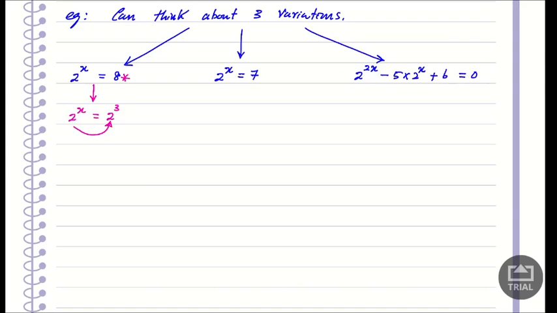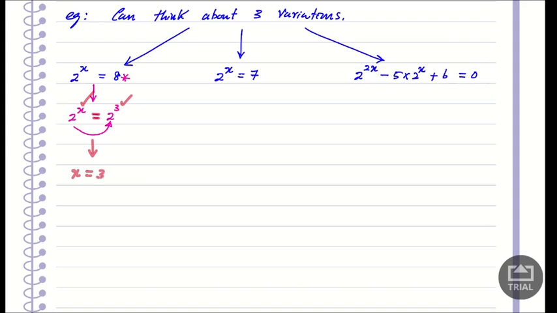That's why that is one of the variations. Very simple, right? And if you look into the powers, to maintain this equality, this x should be equal to 3. So the answer here is very easy. x is equal to 3, right?